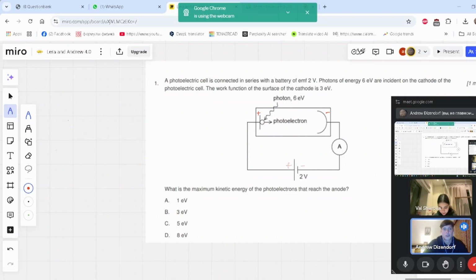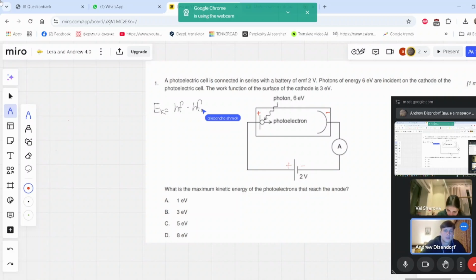So okay, let's first write the equation of Einstein for the photoelectric effect. Actually they already gave us the work function, so hf0 equals 3 electron volts, and hf they already gave us as well, 6 electron volts.